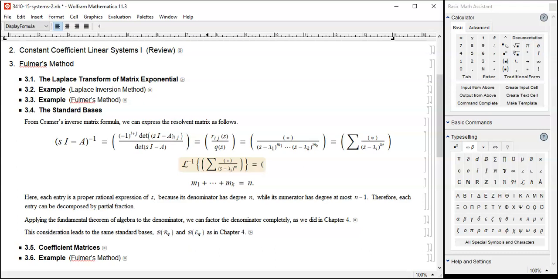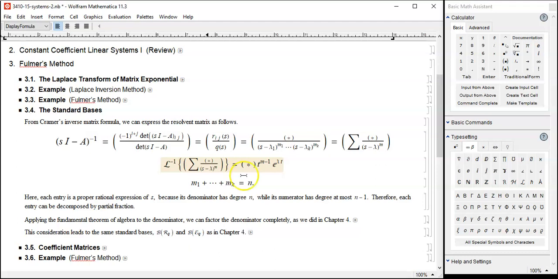So we're going to get some coefficient, and then e to the power of this form. And then we have this multiplicity here, so t to some power of this kind of form.